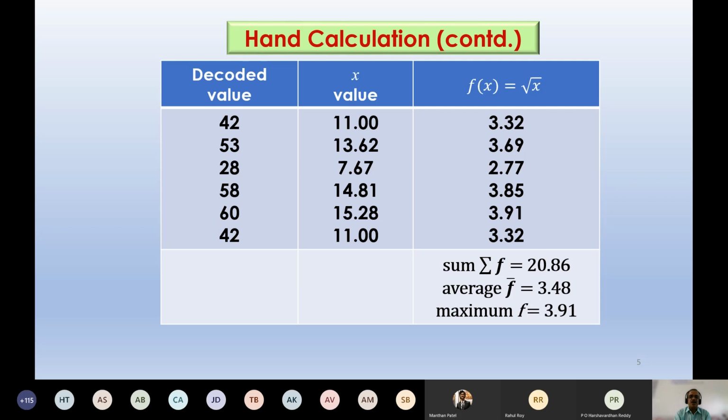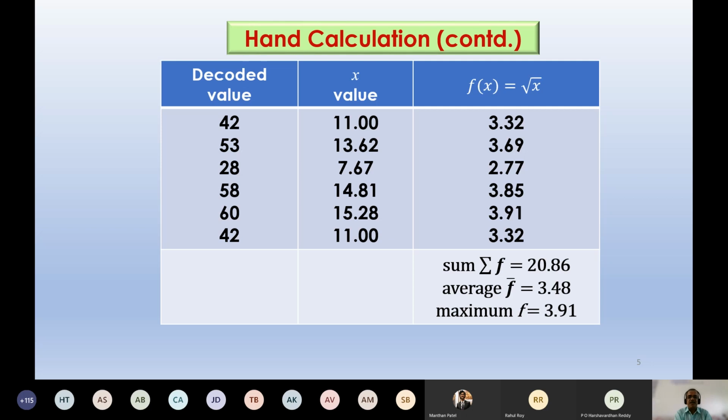And its corresponding x value, the real value of the variable, you can find out using the linear mapping rule, like 11.00, 13.62, 7.67, 14.81, 15.28, 11.00.